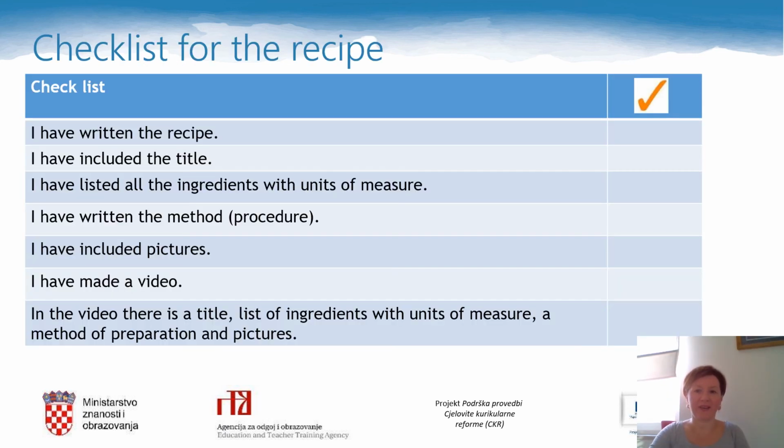And we came to the last step. Now that you have written the recipe in your notebook and made your video, please use this checklist to see if you have followed all the steps. So make sure that you have written the recipe, that you have the title, all the ingredients with units of measure, that in your recipe there is a method or a procedure of how to do the dish, that there are some pictures.